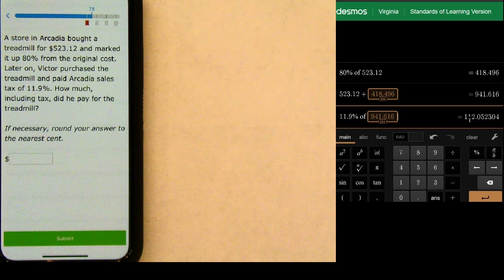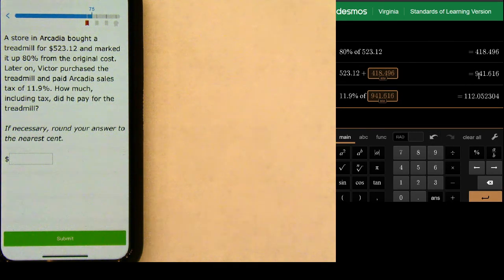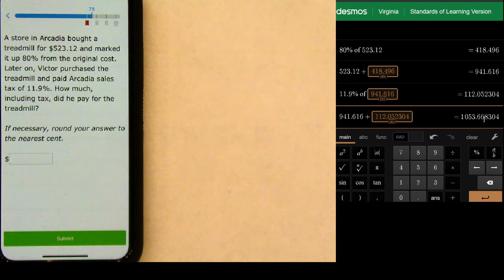So notice how they're getting more and more decimals. That's okay. Again, that's why we round at the end. And so at the very end, again, I need to add these two together. So what I can do is I can highlight, copy and paste, and add that together. And I'm going to say, all right, take that answer from the previous line. And so I get this huge amount.